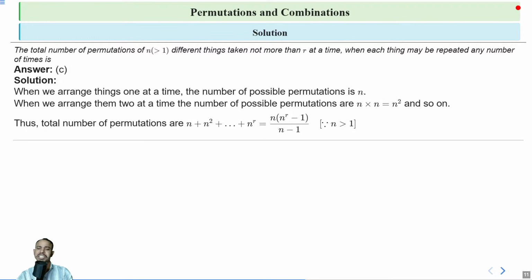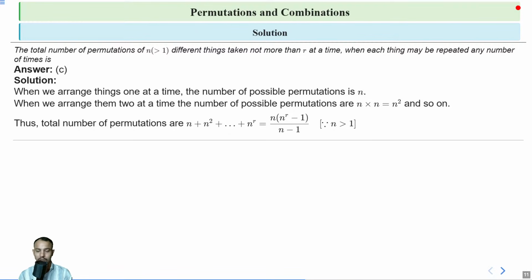Okay, so since here n is greater than 1, the sum of n plus n squared plus dot dot dot plus n to the power r is n times n to the power r minus 1 divided by n minus 1. Okay, this is the total number of permutations. Clear? Thus the total number of permutations n plus n squared plus dot dot dot plus n to the power r equals n times n to the power r minus 1 divided by n minus 1, since n is greater than 1. Clear? I hope it's clear.